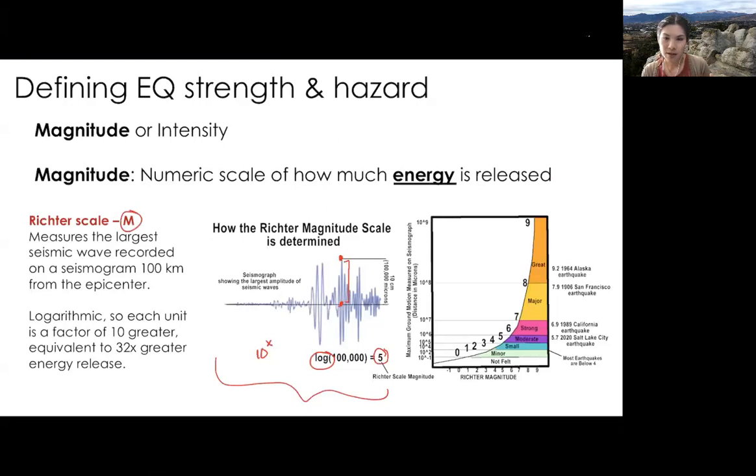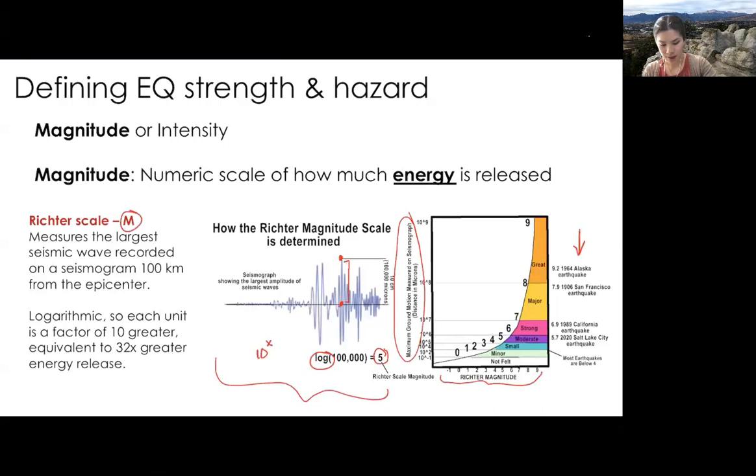And what we've seen is the amount of earthquakes tend to decrease with increasing magnitude. So this diagram on the far right is showing that we've got the Richter magnitude, some major events on the far right, and then the maximum ground motion measured on the seismogram. So that's just another way to say what the Richter magnitude is.